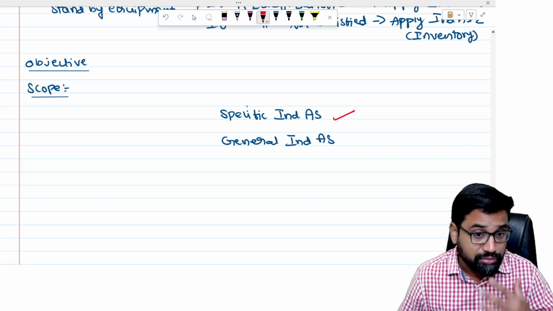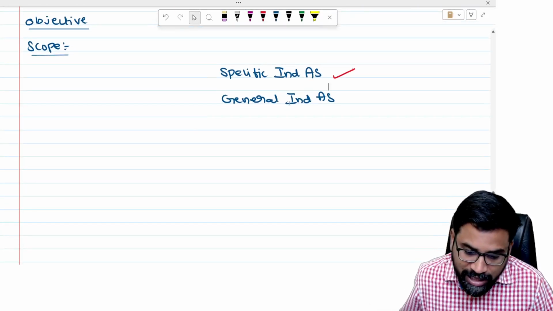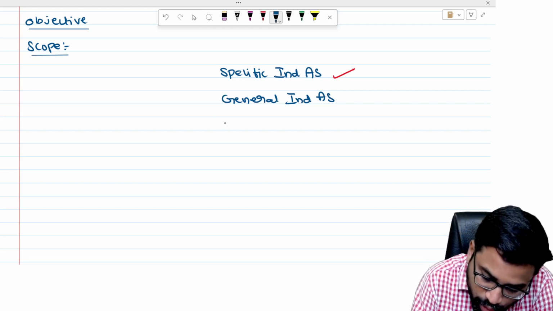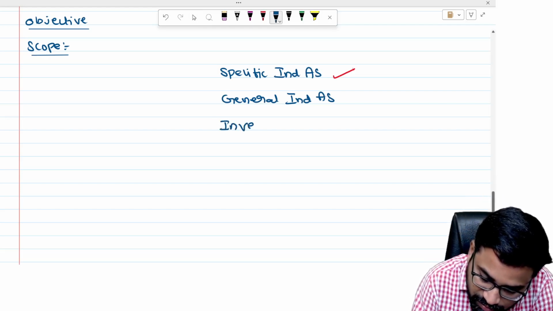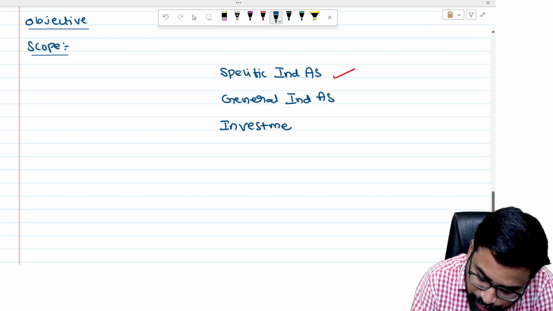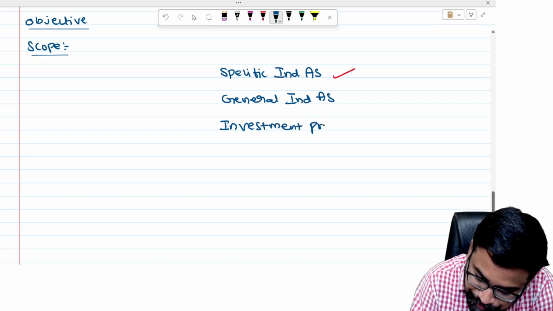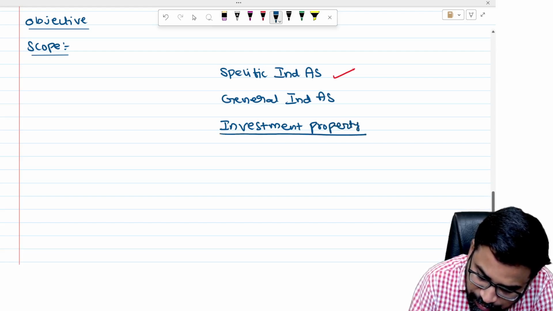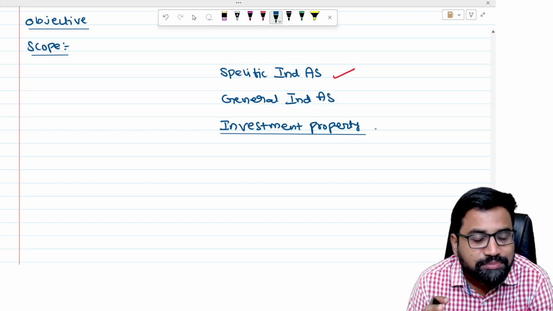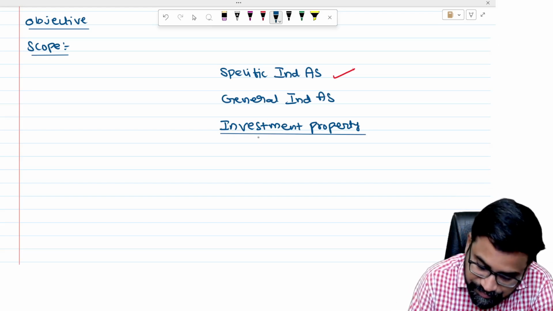Now, I am going to give you a little bit of elaboration here. First of all, what is investment property? Investment property means investment in land or building.